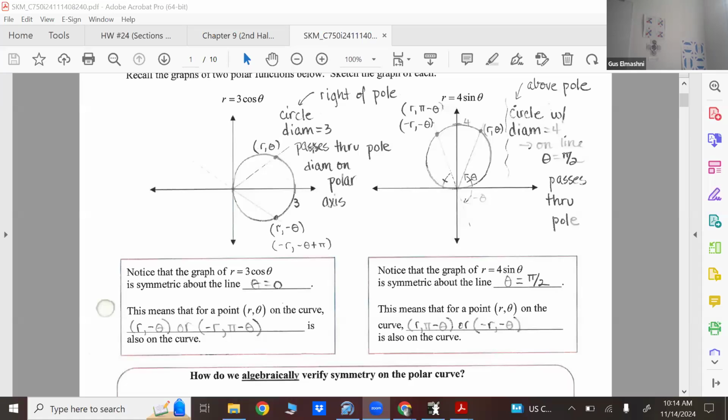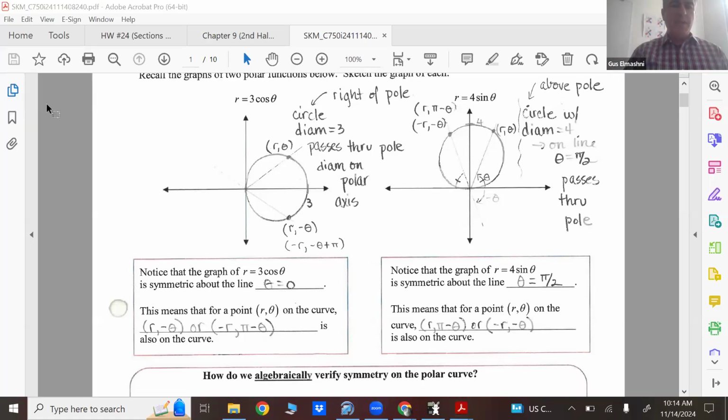for example, if I were to plug in, let me do it on Zoom here. Say, for example, I had theta is pi over 3. If you plug in pi over 3 into that equation here, what do you get for r? What's cosine of pi over 3?